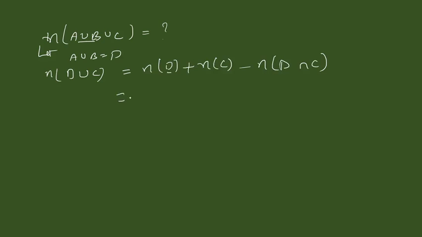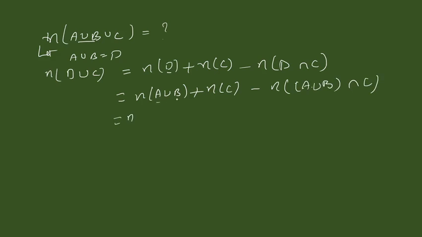So now what is D actually? It is n of A union B plus n of C minus n of D, where D is A union B, intersection C.